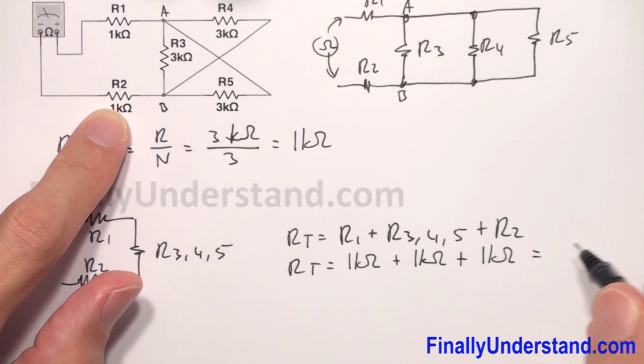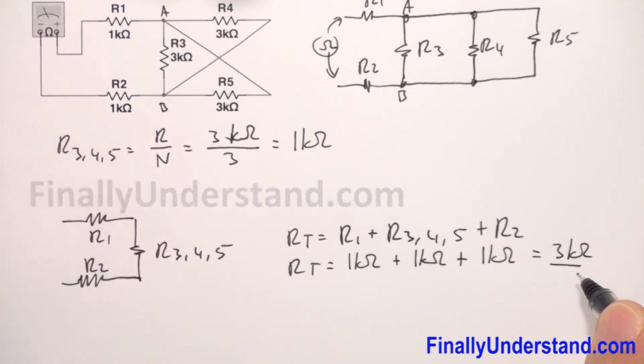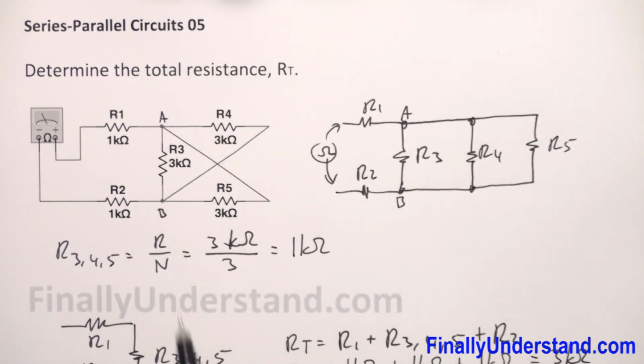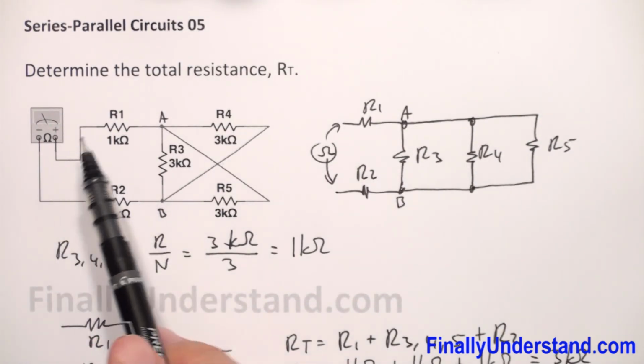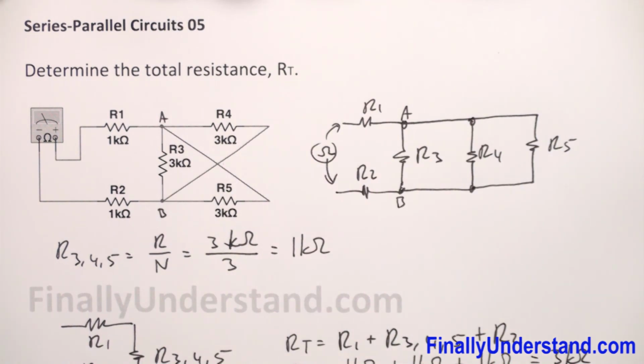So 1 kilo plus 1 kilo plus 1 kilo is equal to 3 kilo ohms. And this is basically the value which is going to be measured by this ohm meter. And this is my solution.